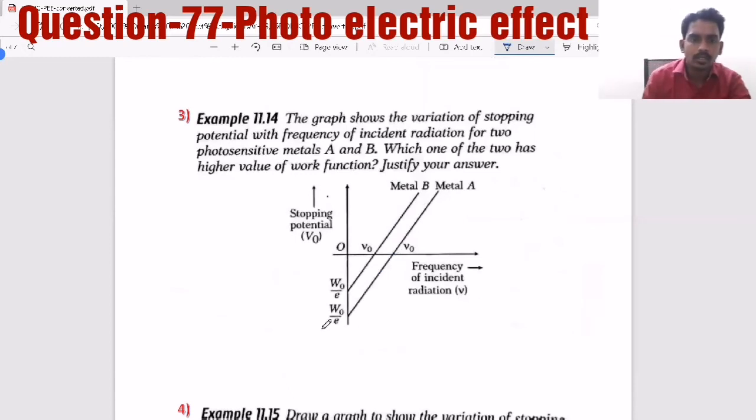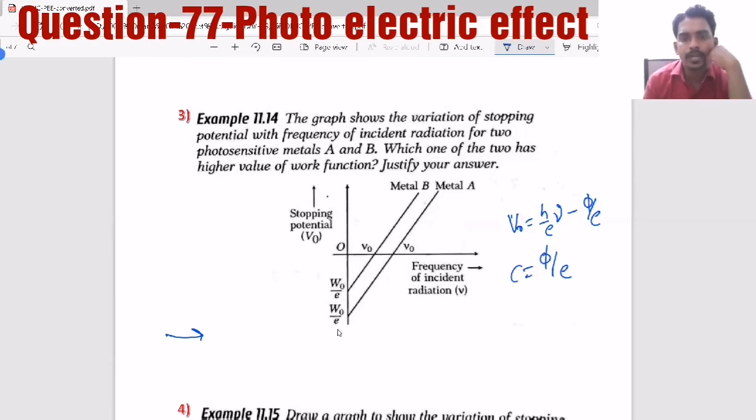Now one more question. Here, again V naught versus frequency. What they are asking is, which one of the two has higher value of work function? See, when you consider V naught equal to h by e nu minus phi by e, the intercept will become phi by e.